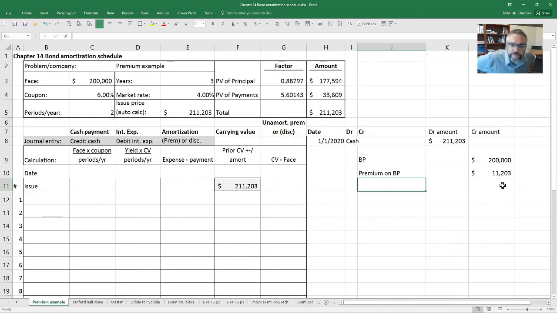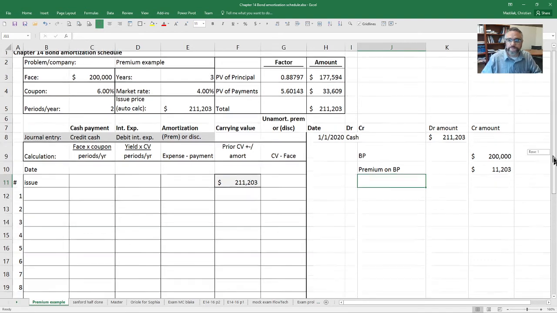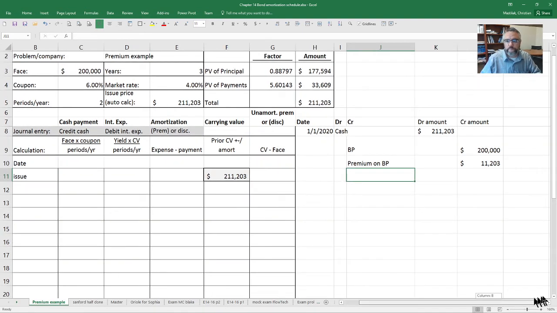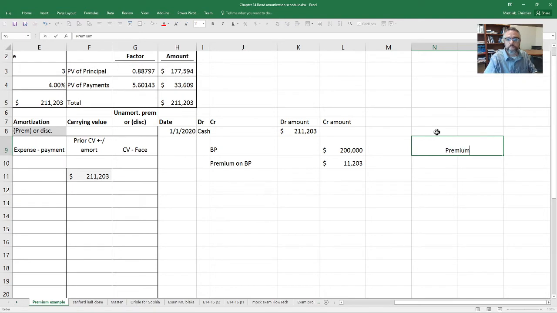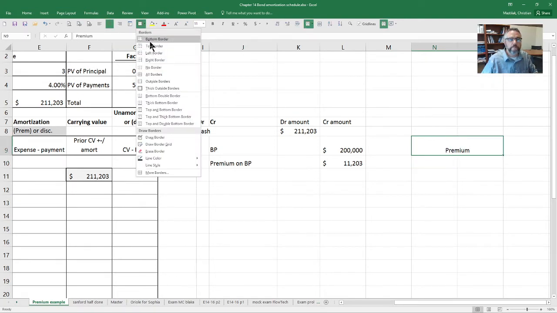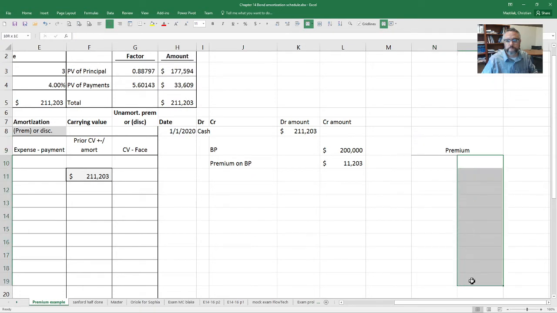And so that's how we're going to set up our premium T account. And I'll go ahead here and do a premium T account. All right, and so I'll put 11,203 in the premium T account.